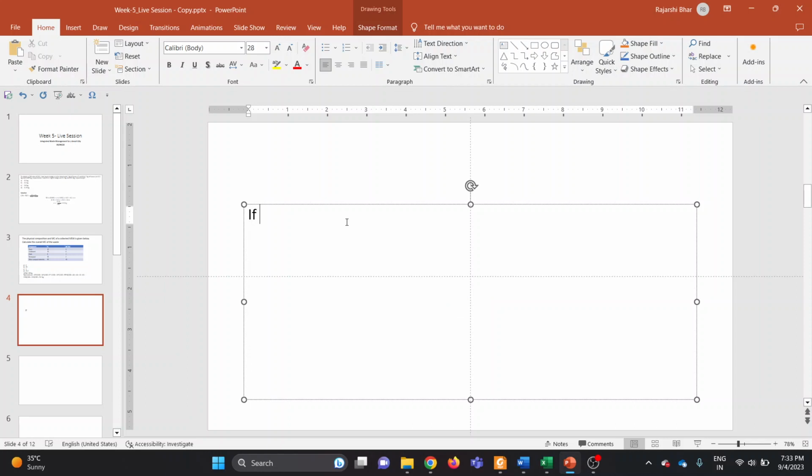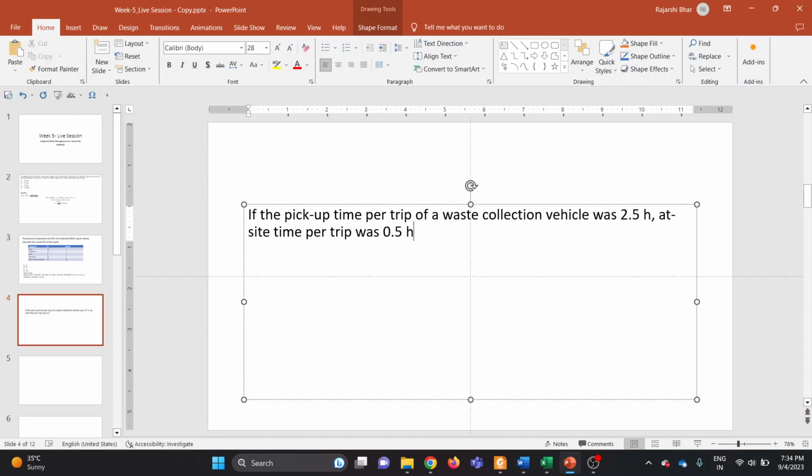This is also a numerical based one, but a smaller one. So this is the question.